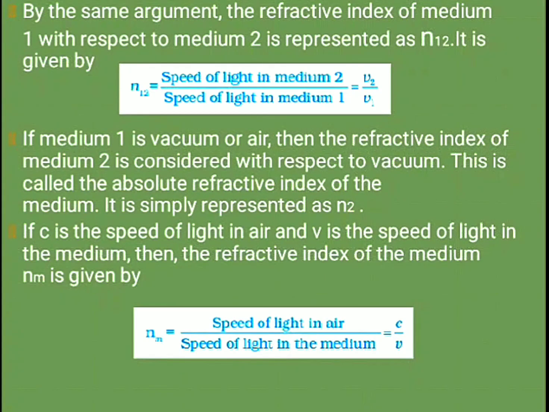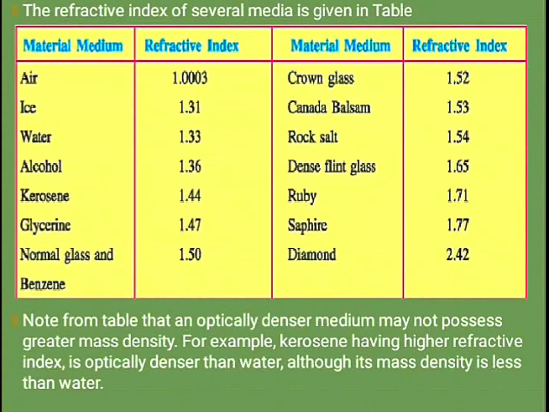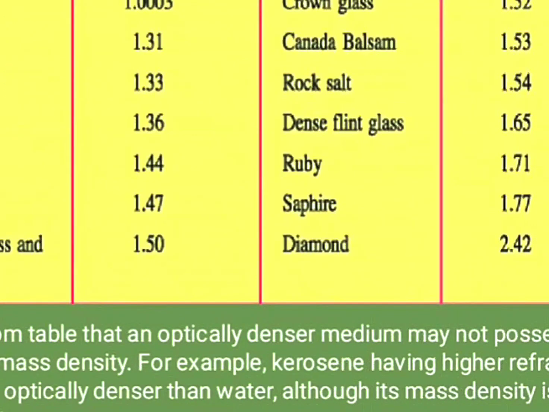There are various optically denser media for which the refractive index can be seen in the table, such as air, ice, water, alcohol, kerosene, glycerine, normal glass, benzene, crown glass, Canada balsam, rock salt, dense flint glass, ruby, sapphire, and diamond. Diamond is considered the most optically dense medium, having refractive index of 2.42.